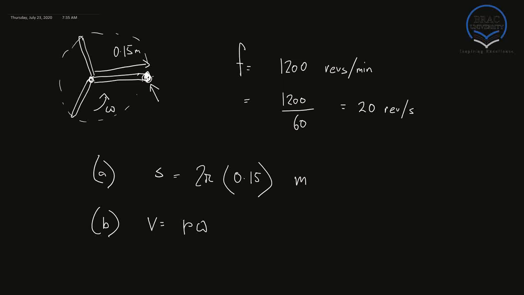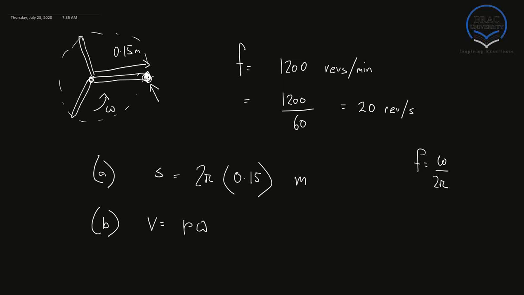Alright, but what's omega? We do have f though, right? We know that f equals omega by 2 pi. So omega is just 2 pi f.